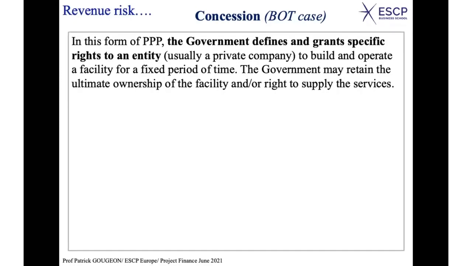Then probably the state will decide to maintain the toll, people having to pay it, but the money will go into the public pocket rather than to the shareholders. So to build and operate a facility for a fixed period of time, the government may retain the ultimate ownership of the facility, or the right to supply the services.